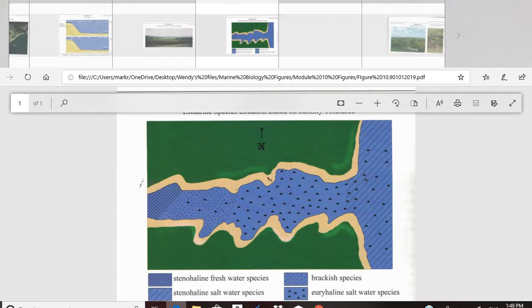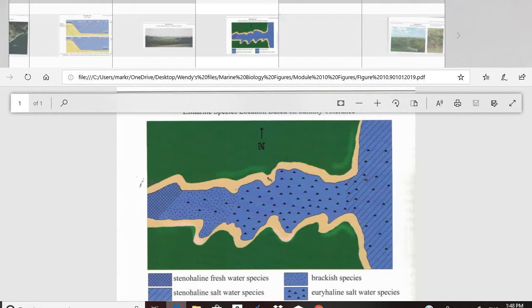In this area over here, these are organisms that live primarily in a saltwater environment. And then as you move over here, these are still saltwater.